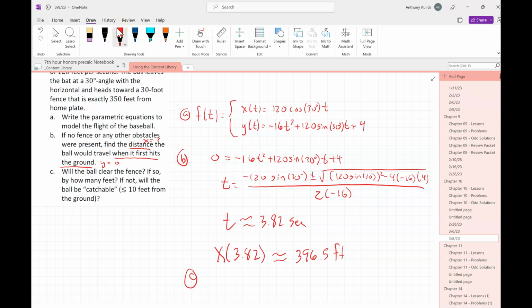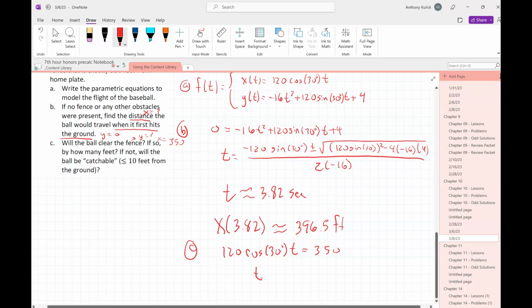So here, if we want to know if the ball clears the fence, we need to know the height of the ball when x is what value? 350. So I'm going to take my equation for x, set that equal to 350, and then solve for t.